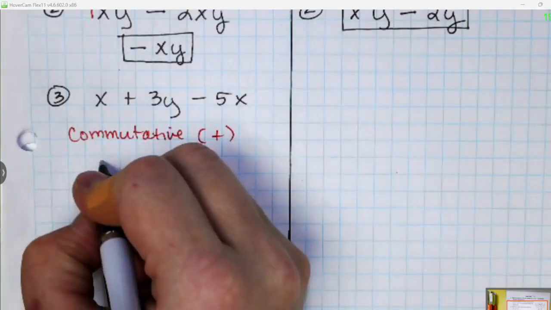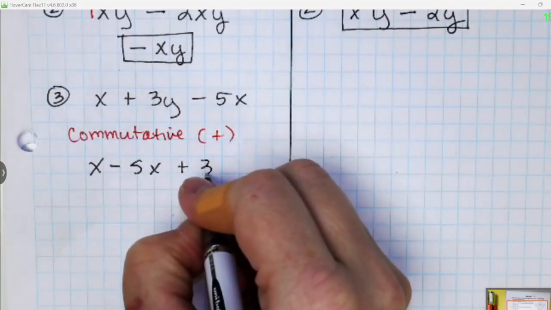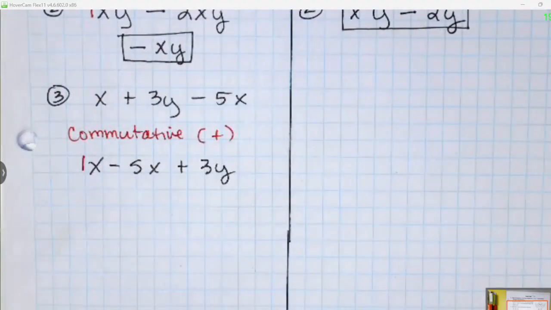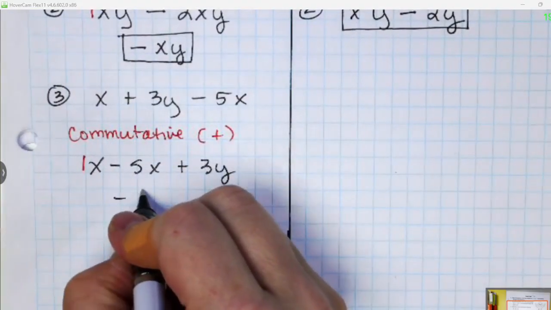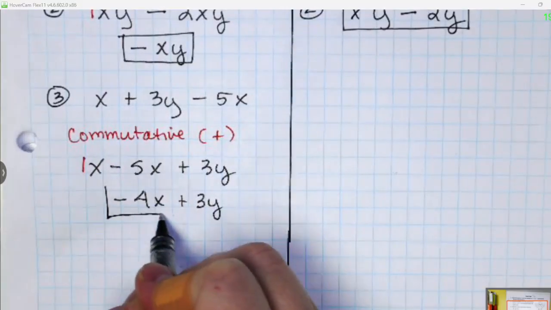So you can go x minus 5x, move it over, and then plus 3y, so that the x's are together. And now you can actually put them together. 1x minus 5x is negative 4x. And the plus 3y stays separate.